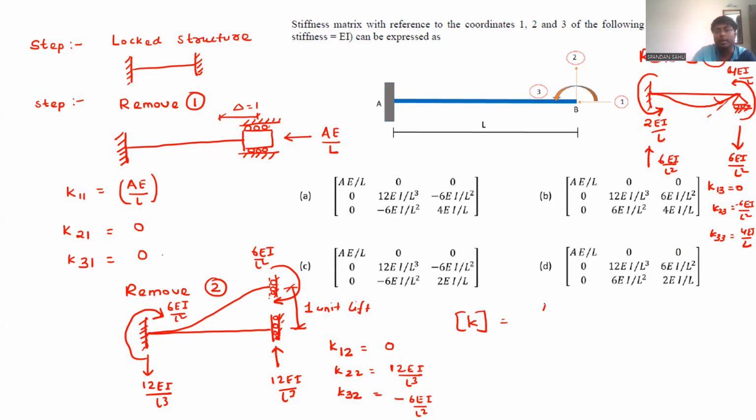So which option? Just write your values first, then match. A by L, 0, 0, 0, 0, 0, then 0 to L, EI upon L cube. Wait a little bit. Everything is clearly visible, right?